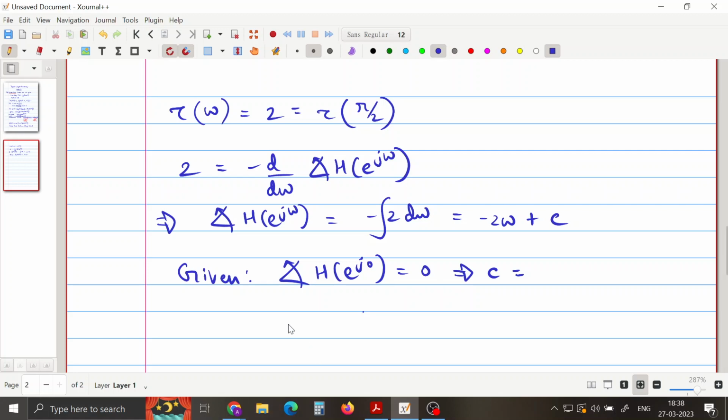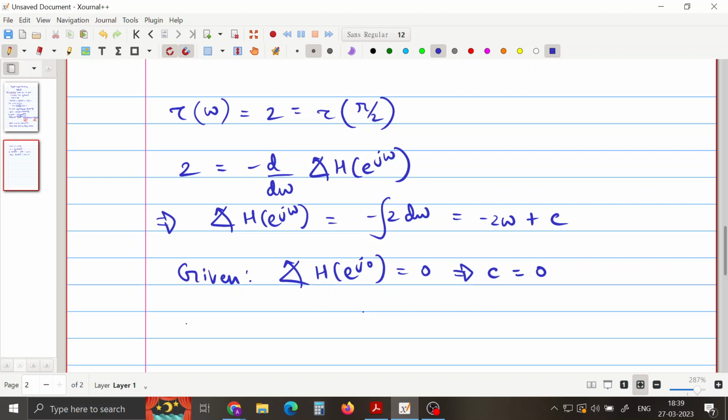Yes, C equals 0. Very good. So what we are doing is equating the derived value to 0, substituting omega equal to 0 on both sides of this equation.